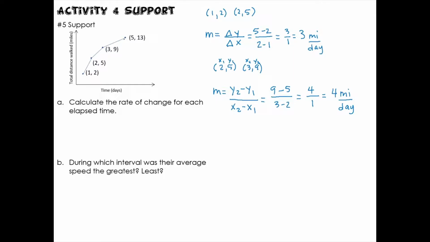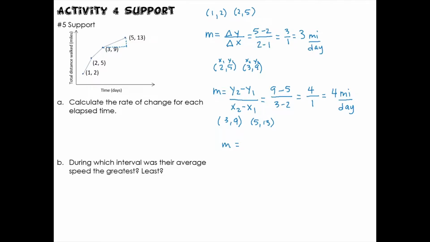So this is going to be 3, 9, and 5, 13. Another way for you to think about it is, if you're looking at just the x part right here, this difference is starting at 3 and going all the way to 5.